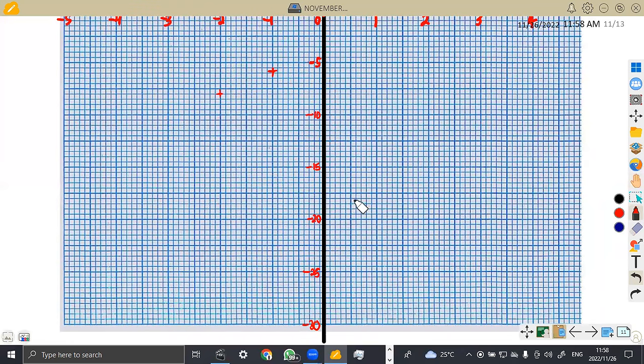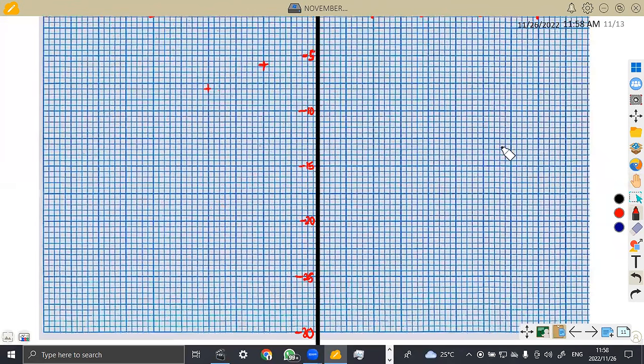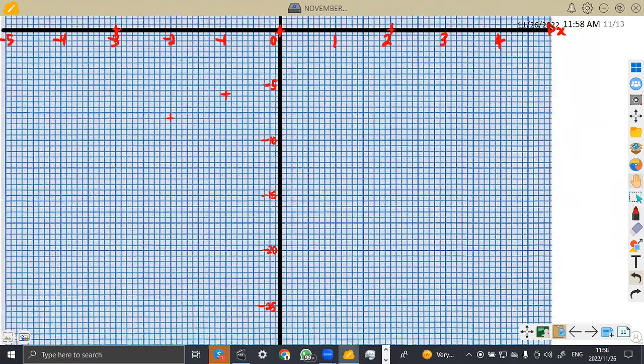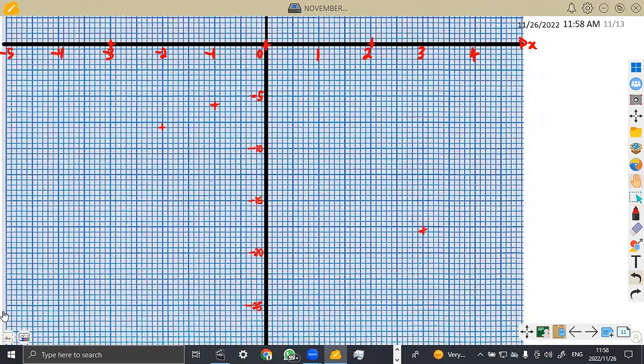Okay, 3, -18, we have -15 here. So let me just try to adjust a little bit. It's 3 and -18, so that's -15 here, -16, -17, -18, somewhere there. Okay, this is a cubic function, so you're supposed to join the points.